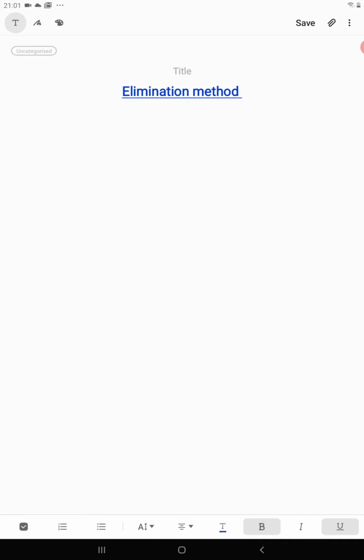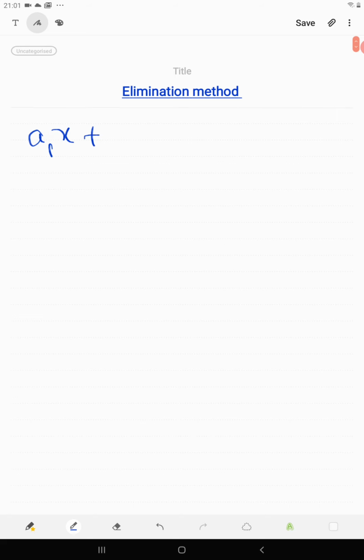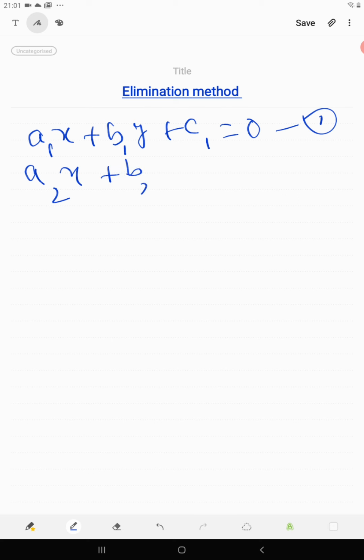So let's begin. Suppose we have two equations given: a1x plus b1y plus c1 equals 0, this is our equation 1, and a2x plus b2y plus c2 equals 0, this is our second equation.